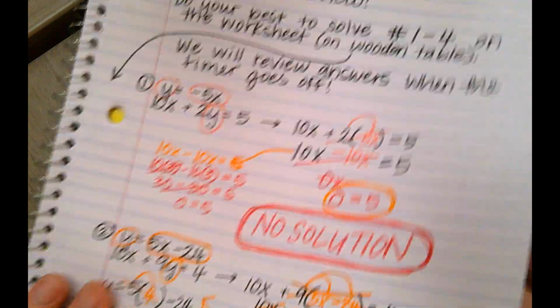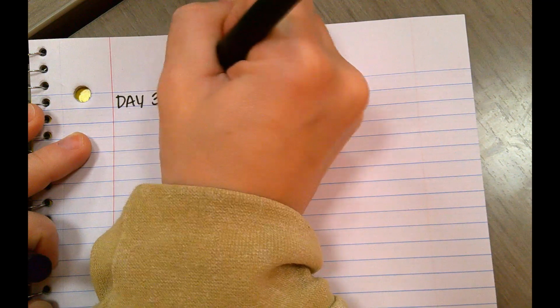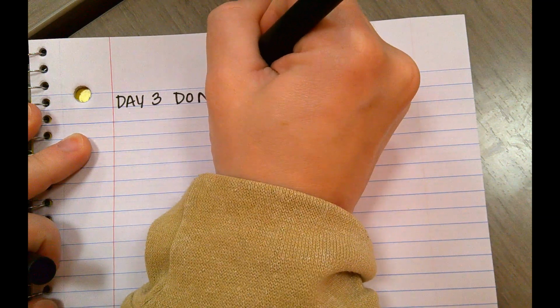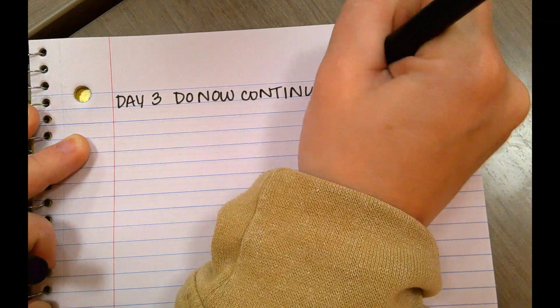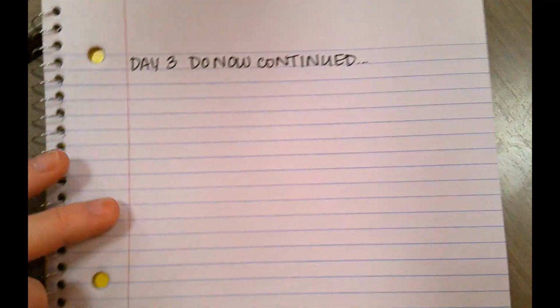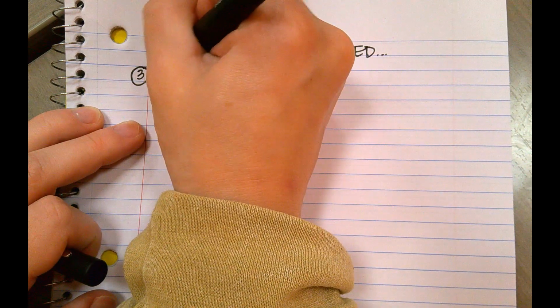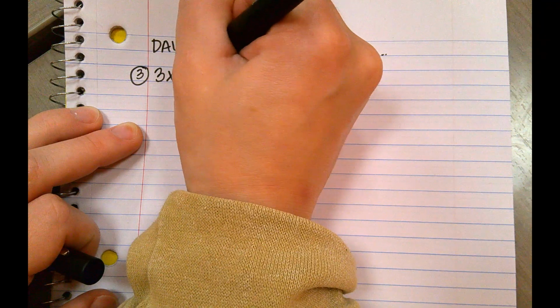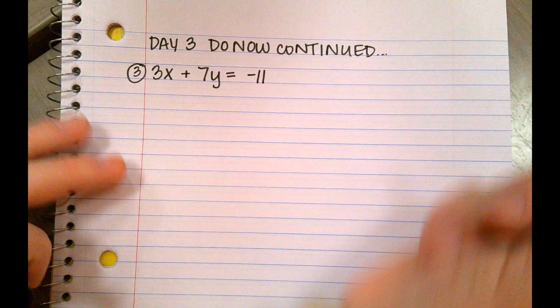All right. Let's go ahead and look at number 3 on that new worksheet. So number 3, we have 3x plus 7y equals negative 11.